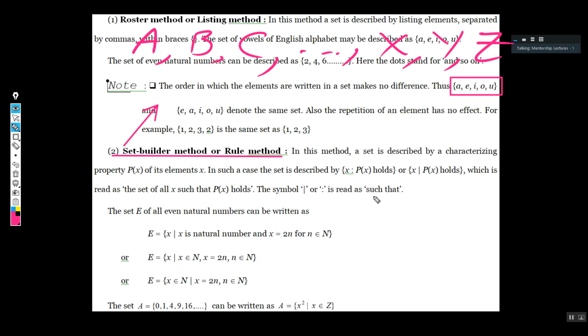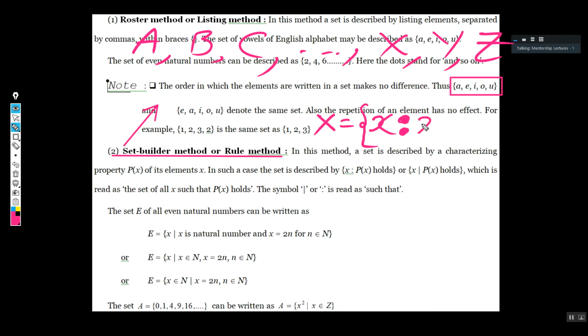I have taken some set X. Set X is equal to flower brackets begin. This is always common to represent the set. We write it like this, and we read it as "X is such that". We can use a colon, that is, two dots here.